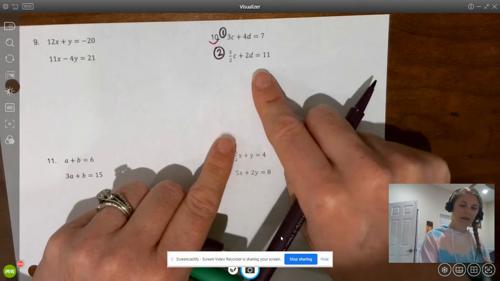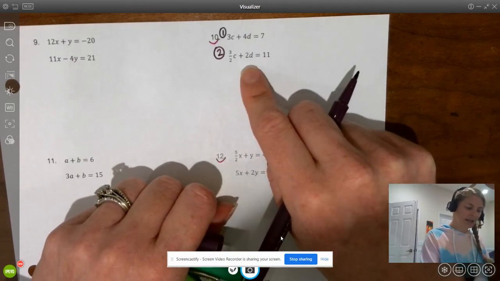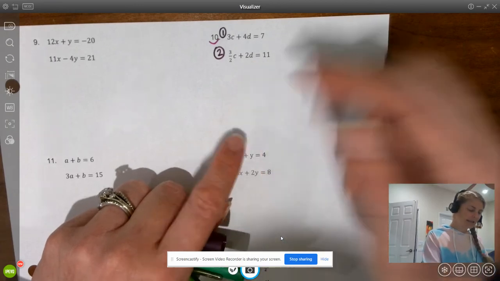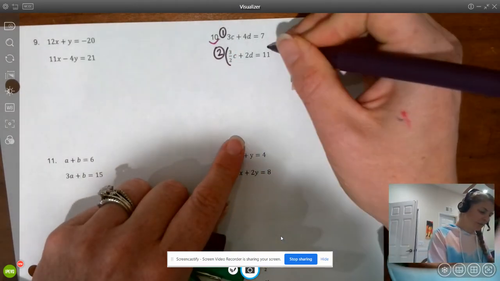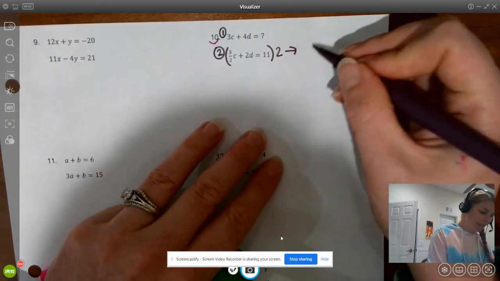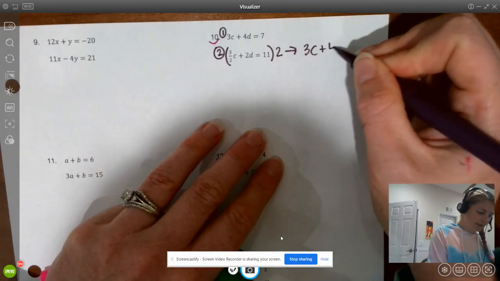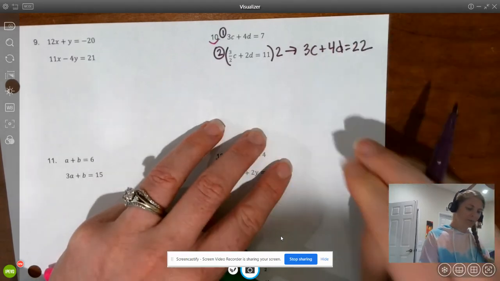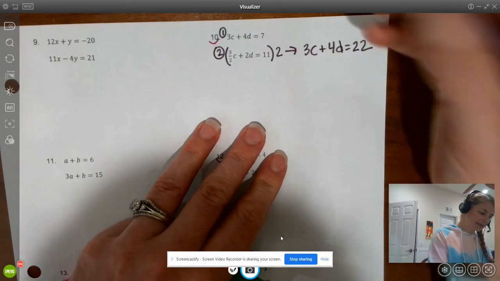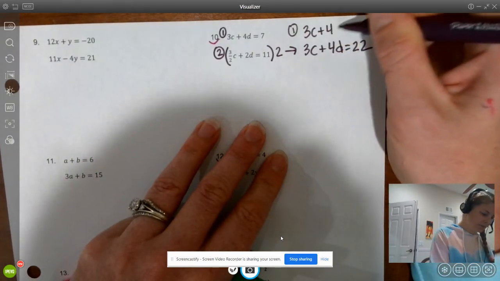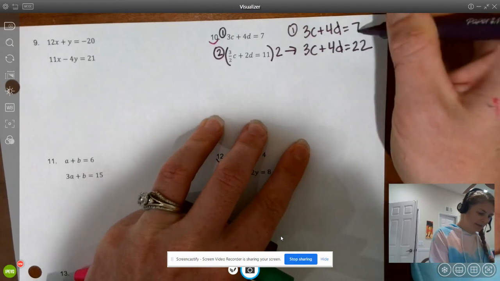So here I notice I have a fraction and I'm kind of seeing some similarities here. So what I'm going to do is I'm going to multiply all of equation 2 by 2 and see what I get. I get 3c plus 4d is equal to 22. So I notice equation 1, 3c plus 4d is equal to 7.